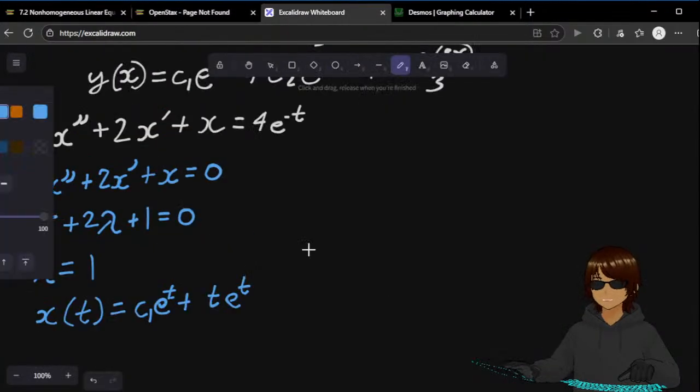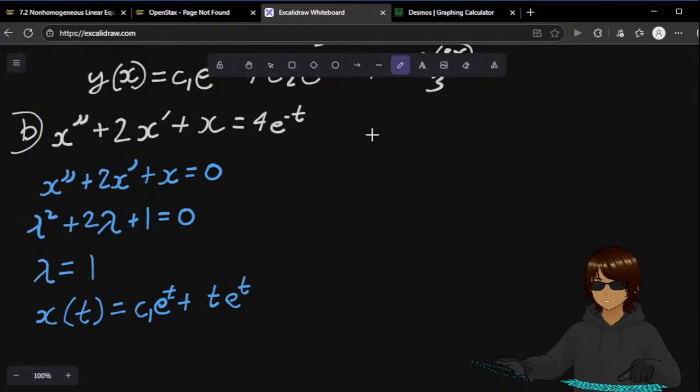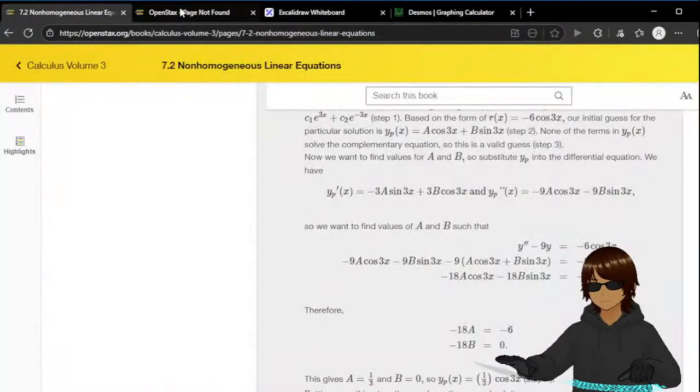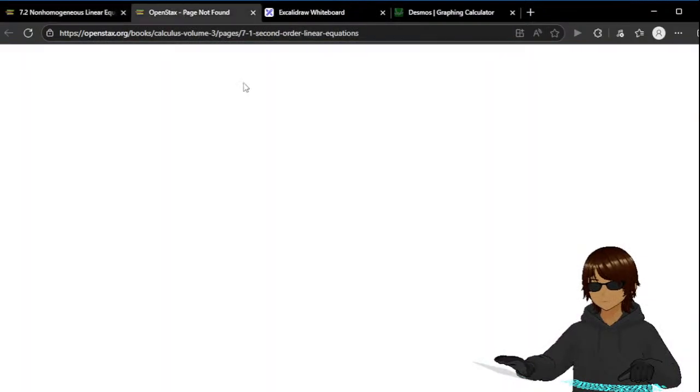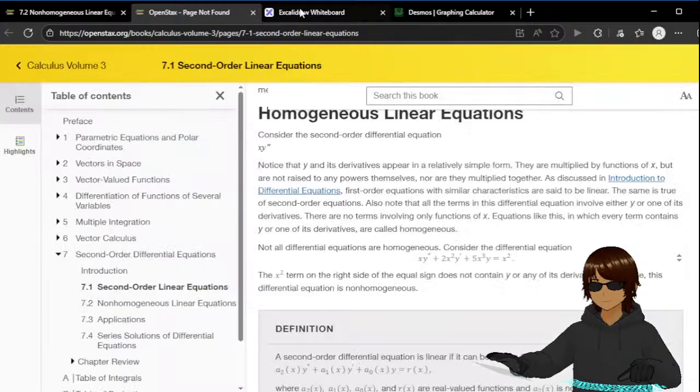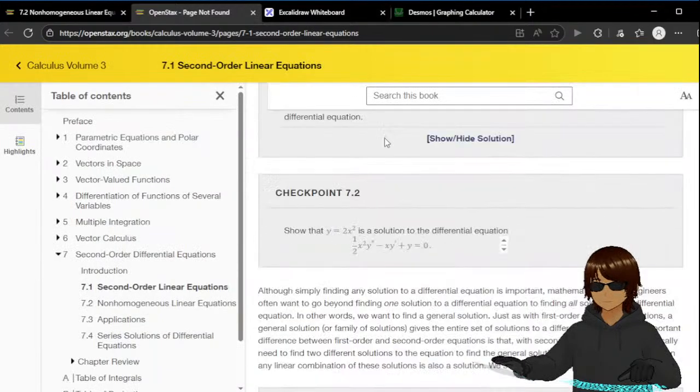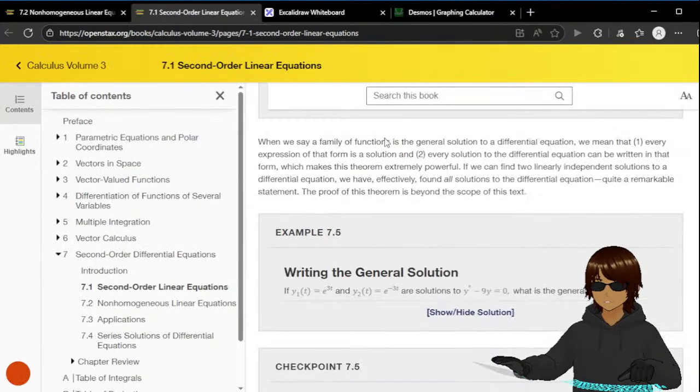Anyways, before I check that, the particular solution would be of the form A e to the power of minus t, right? Just want to check their summary.